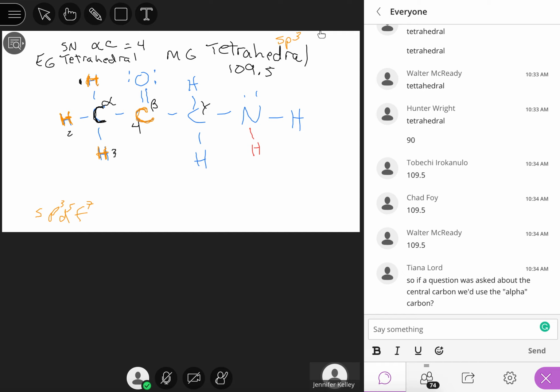So let's say there's one question where it's a carbon with some hydrogens attached to it, and they ask you to look at the central carbon. The central carbon they are talking about is the one in the middle. In this case, it'd be hard to say the central carbon because there are 4 things: carbon, carbon, carbon, and nitrogen.